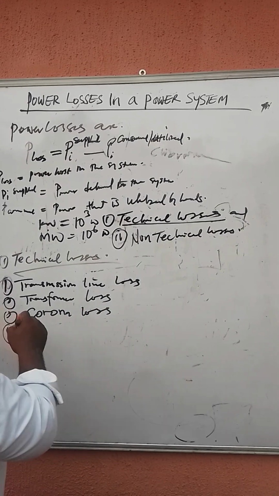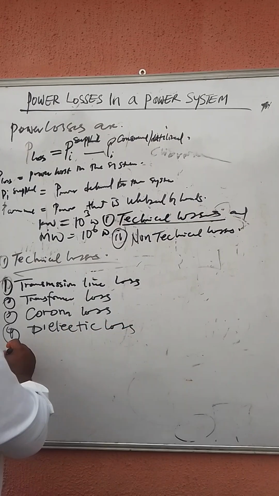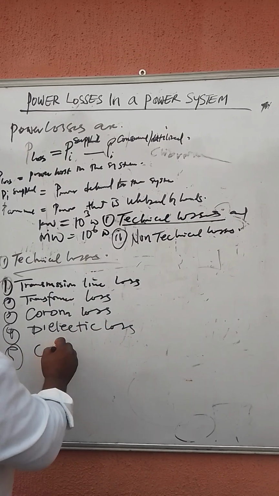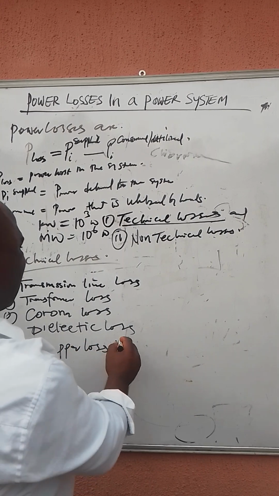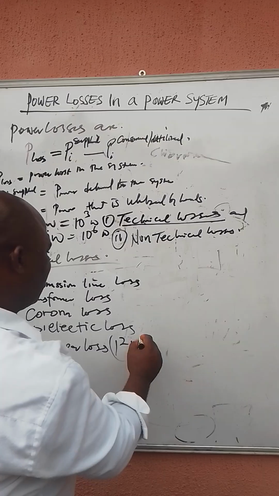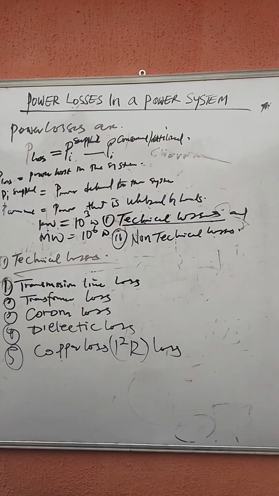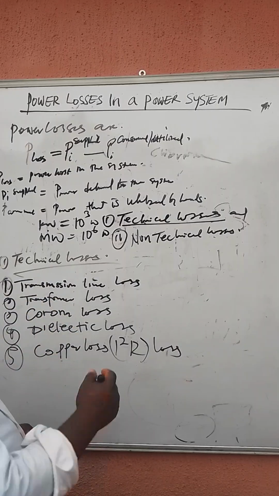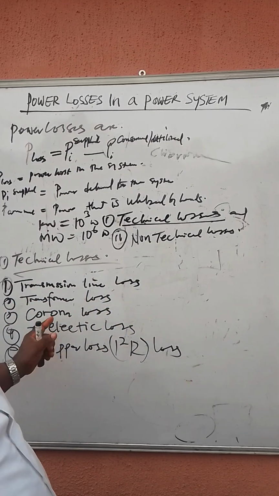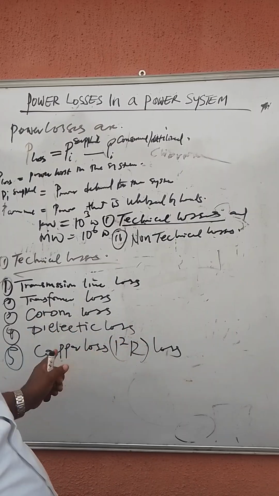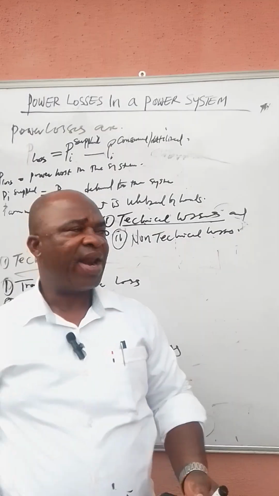Four, we have dielectric loss. Five, we have copper loss, which is given as I squared R loss. So these are the various losses that fall under technical losses: transmission line loss, transformer loss, corona loss, dielectric loss, and copper I squared R loss. Then we are going to explain them one after the other.